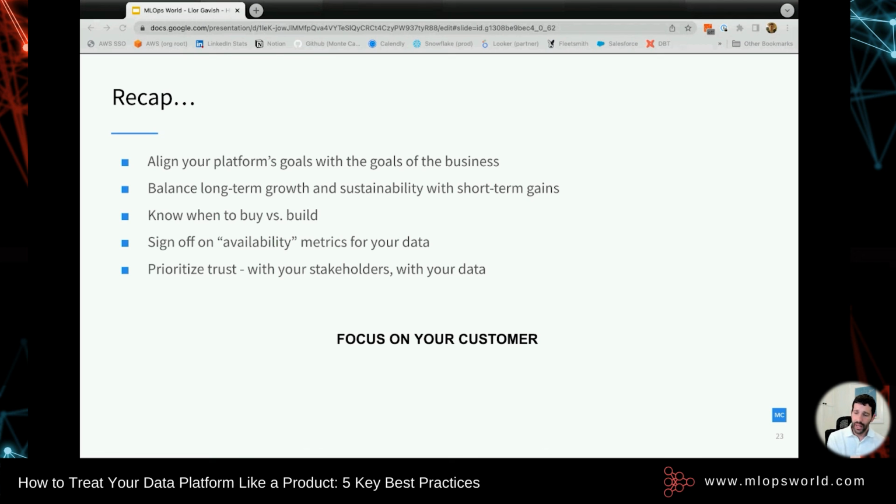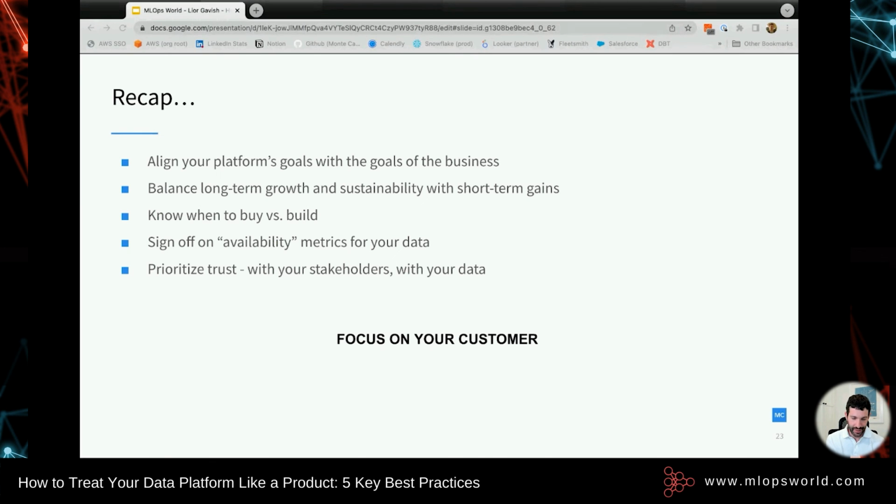And then the last two refer to what I think is one of the most critical parts, but it's basically explicitly defining what level of quality and availability you're going to give to your consumers, and then to go ahead and prioritize meeting those SLAs, investing in the right processes and the right tools to do that.